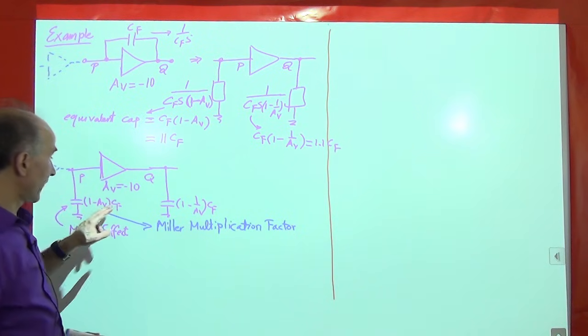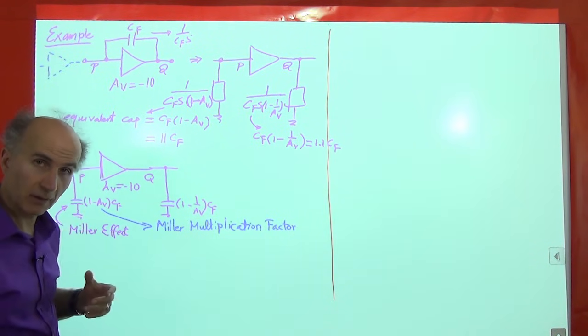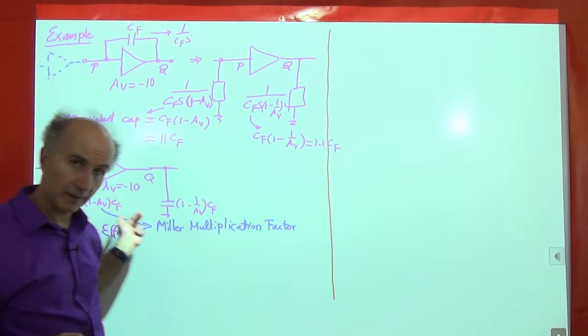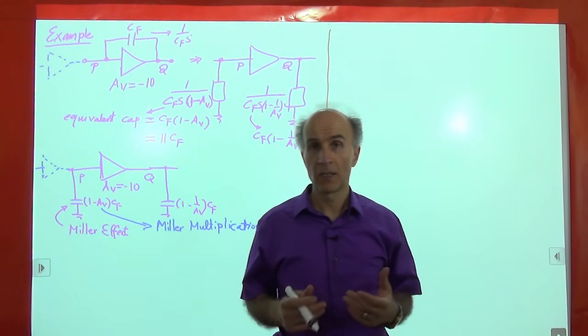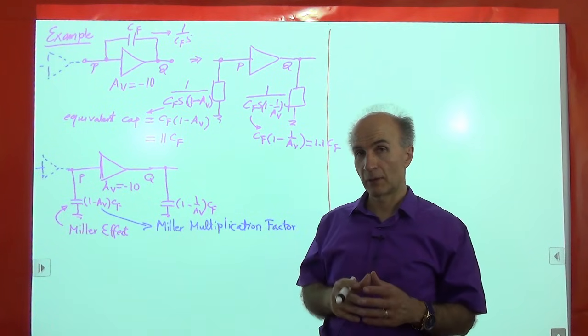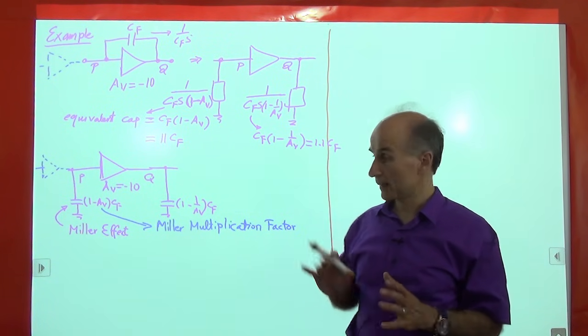We say that this capacitor has experienced Miller multiplication because it is multiplied by this number that is quite a bit larger than 1. So we have to deal with this Miller multiplication effect when we have capacitors between the input and output of inverting amplifiers. All right, so that's very important.